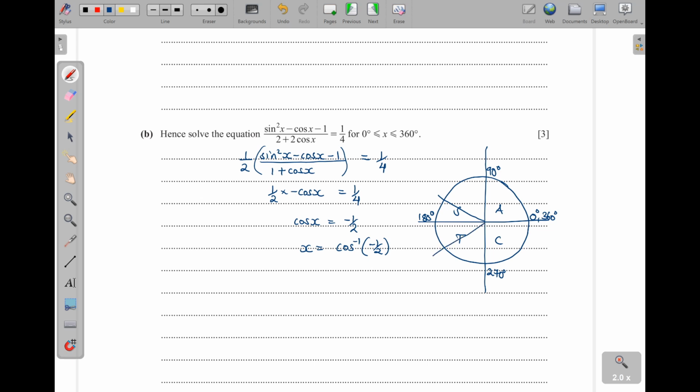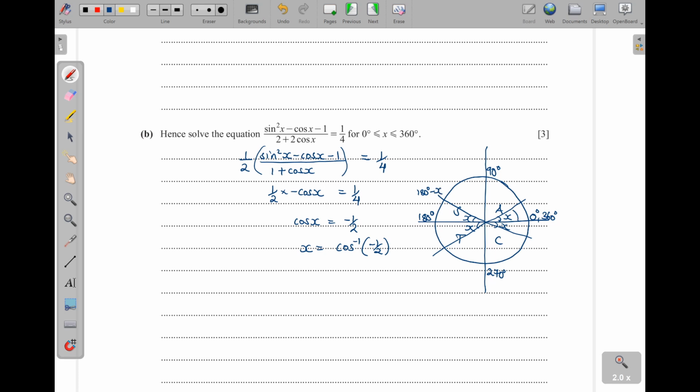If I have this one as my x, then even this one is going to be x because opposite angles are equal. The same with this one here. So to get an angle in the second quadrant, I'll get 180 minus the x that I have there. So we shall have 180 minus x.